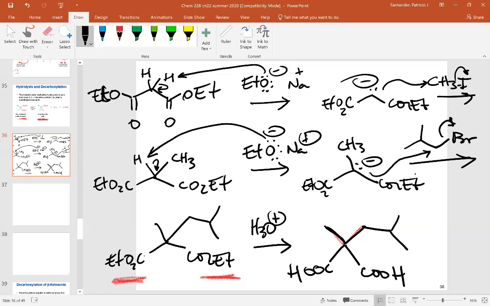All right, so now we need to go to the step of the decarboxylation. So if you were hydrolyzing in a cold H3O+, you will get the diacid, and you will not go any farther.